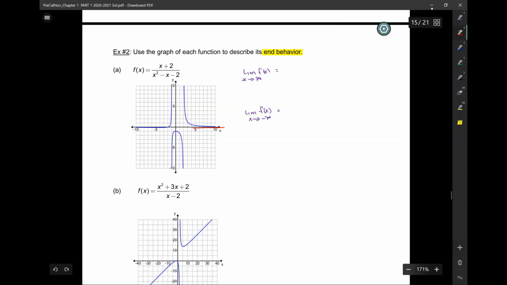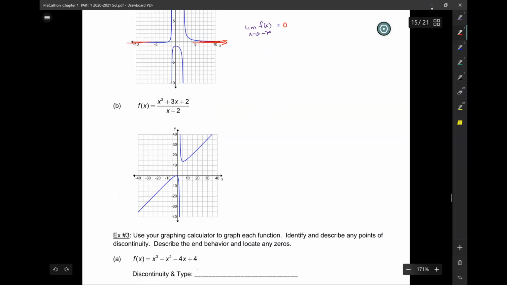As I move to the far right, what's happening to the y values of this graph? Oh, it's leveling off at y equals 0. So the end behavior is 0. Well, what if I move to the other side? What's happening to the y values? Oh, they're leveling off at 0. So the limit of f of x as x approaches negative infinity is 0. Okay, what about here?